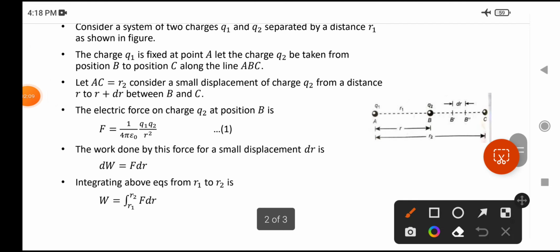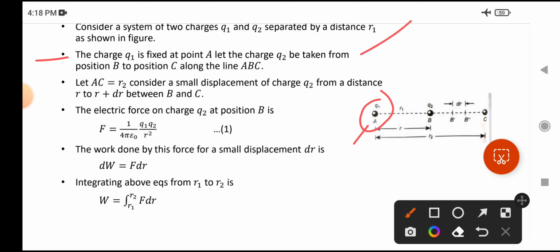Next, the charge q1 is fixed at a point A. Let the charge q2 be taken from position B to position C along the line ABC.